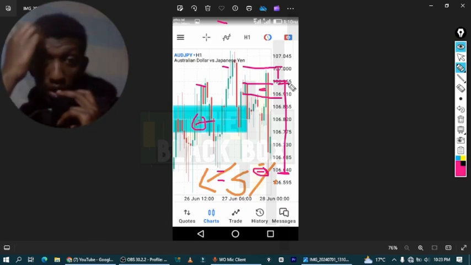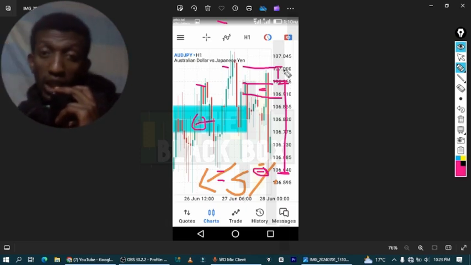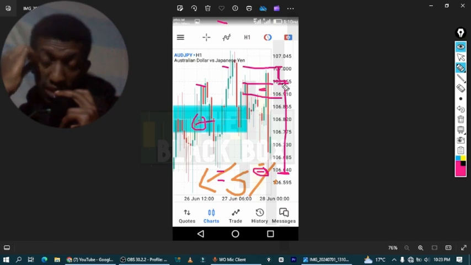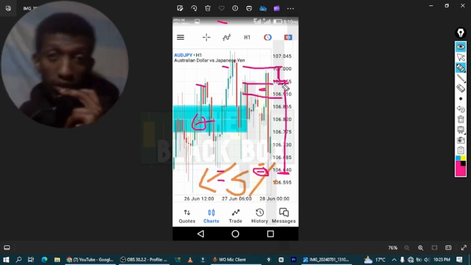Why? Because you can do that. Because as you can see, the entry is very, very far away from where the price is located. You can safely move your stop loss from up there to down there.